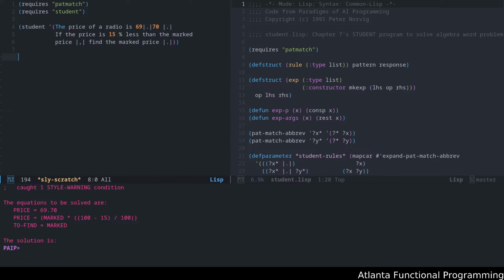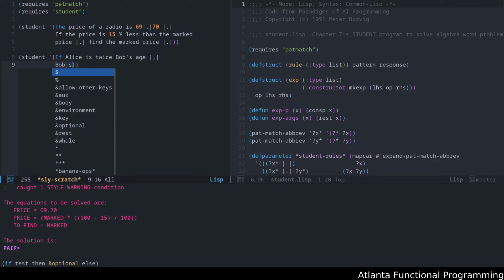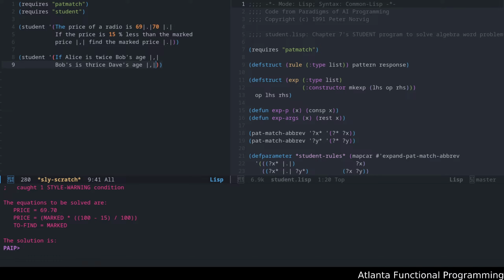Let us try one of the other problems that I've written. Student, if Alice is twice Bob's age, and Bob is thrice Dave's age, and Dave is 5, what is Alice's age?